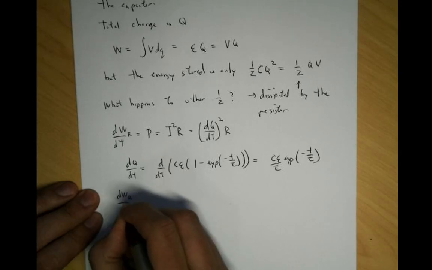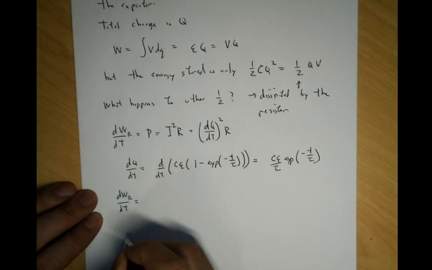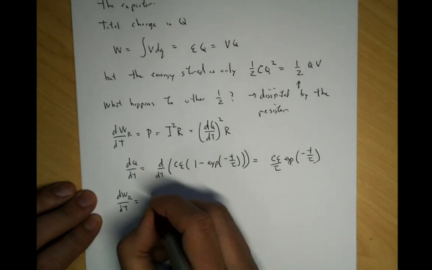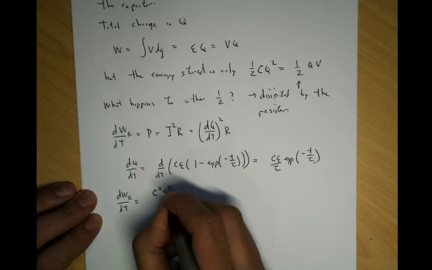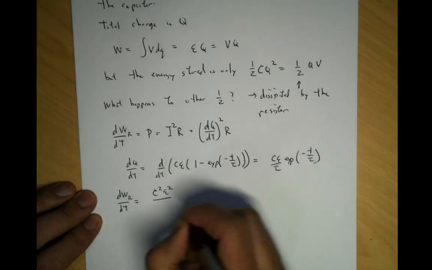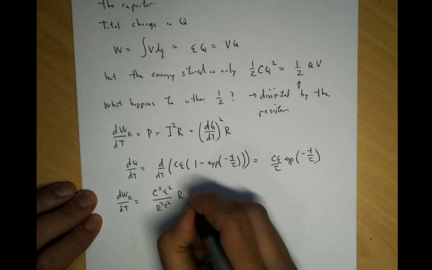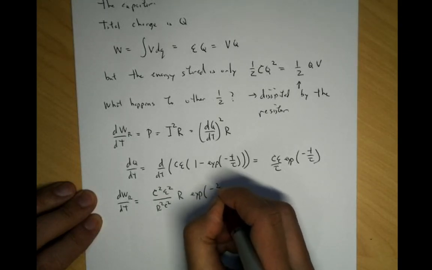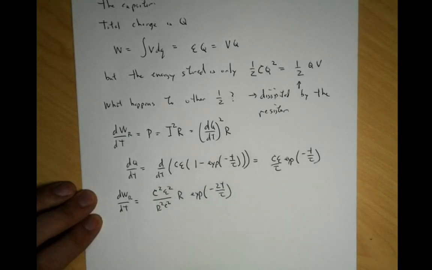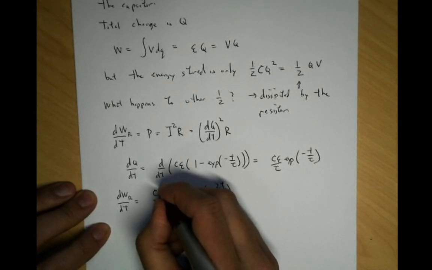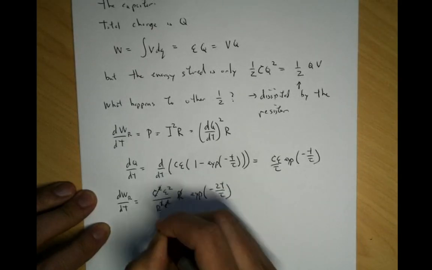And so dW of r dt is going to be equal to, let's plug this term in, C squared epsilon squared, tau squared is just R squared C squared, times R, exponent minus 2t over tau. So C squared kills this off, this kills one factor of R off.